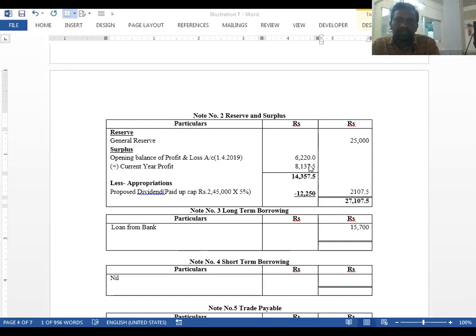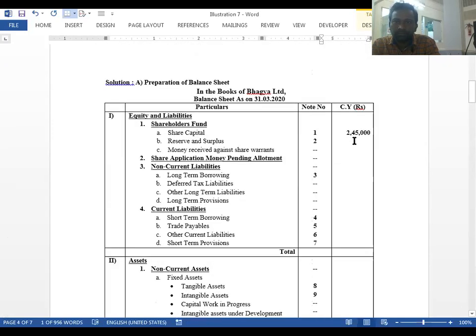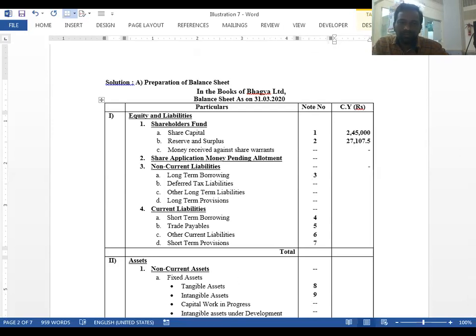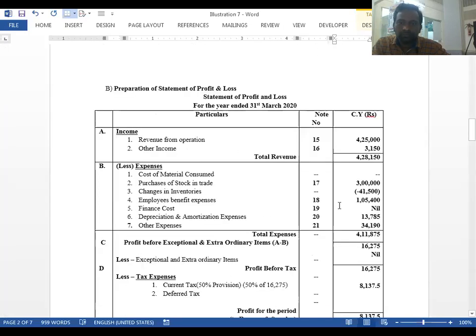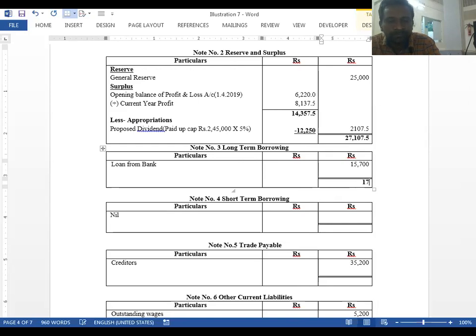Then money received against share warrants is nil. Then long-term borrowing, 15,700.